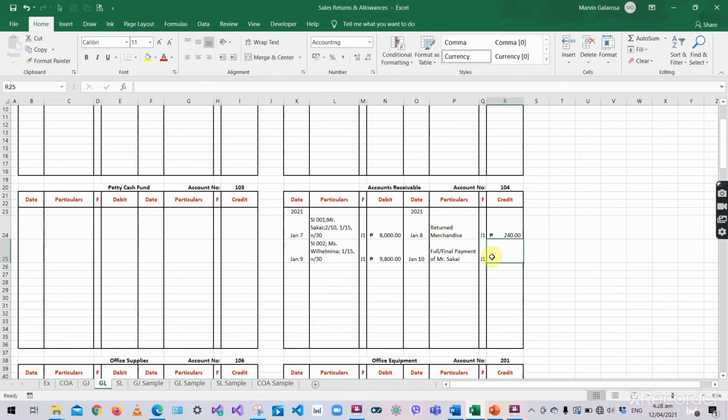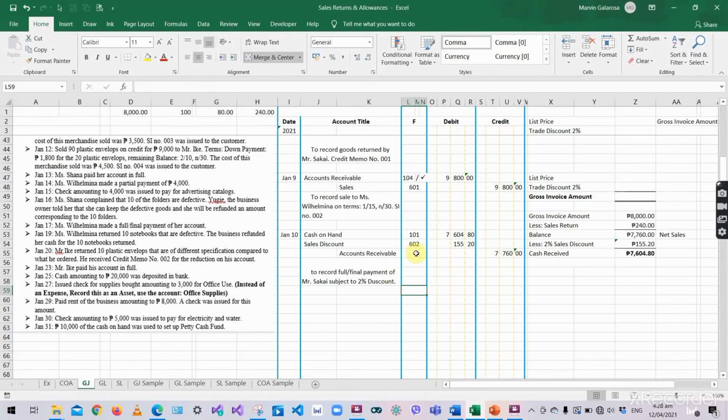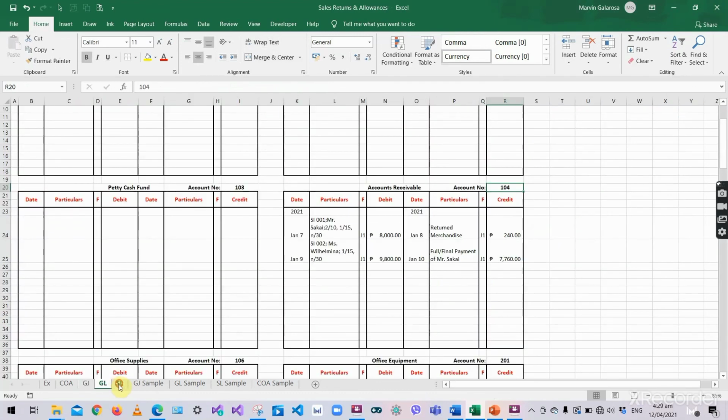Journal 1, 7,760. Account number is 104. So, merong journal entry for accounts receivable. It only means na kailangan ulit natin mag-update ng subsidiary ledger maliban sa general ledger.